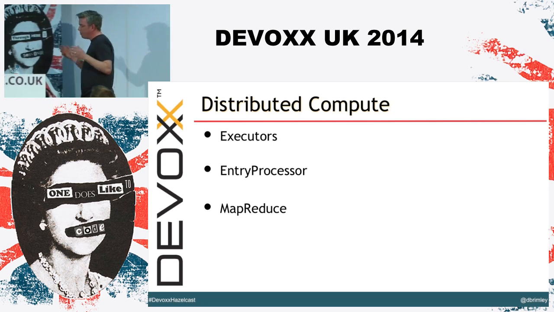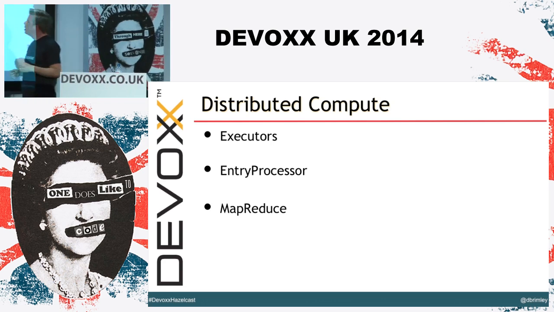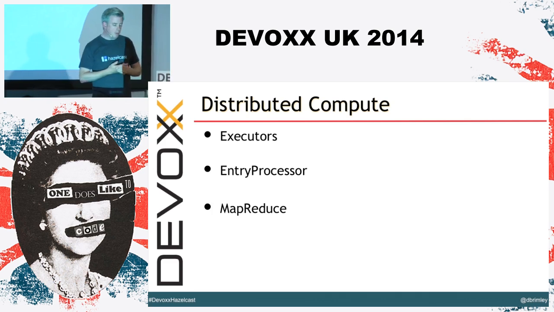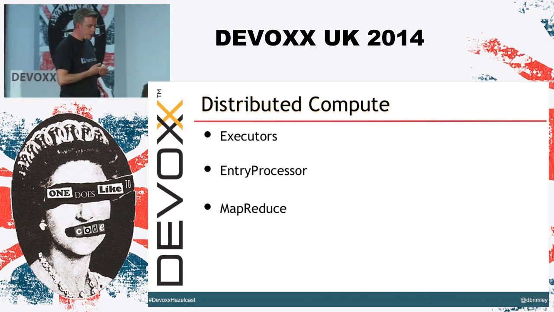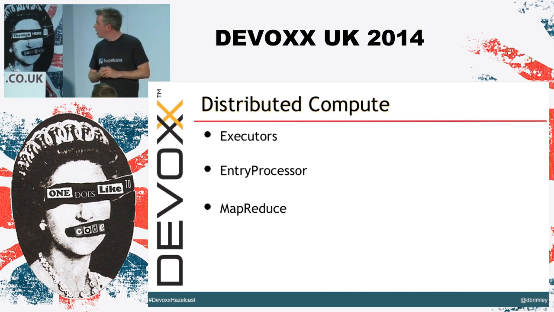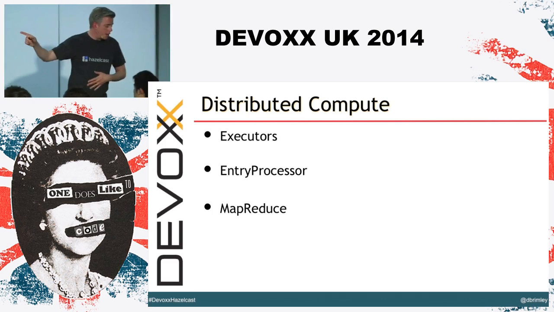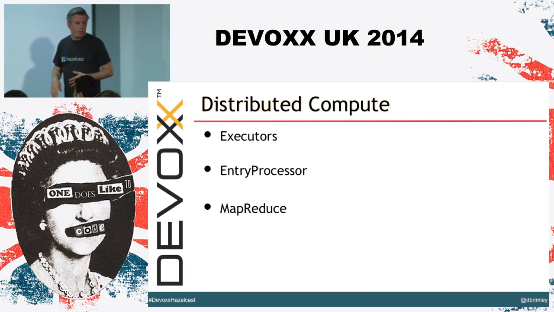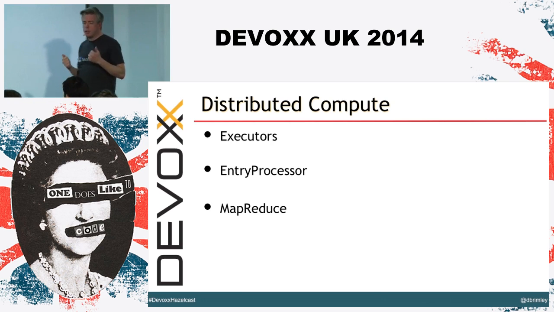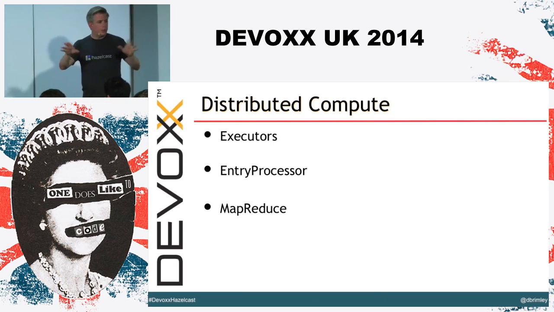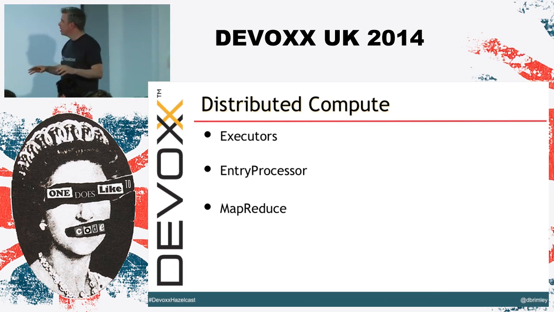So that's basic data structures. And then we have distributed compute, okay? So there are 3 ways of doing distributed computation operations inside Hazelcast. You've got executors. So if you've ever dealt with Java executors, the interface will be completely familiar to you. You can take a runnable or a callable, and you can send that out into the cluster. Okay.